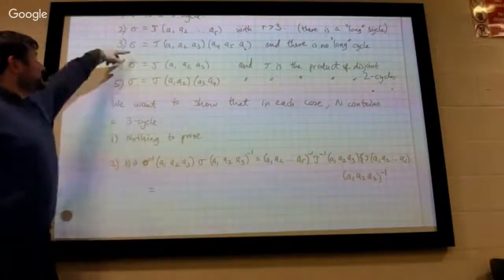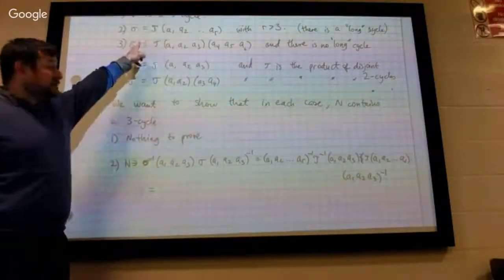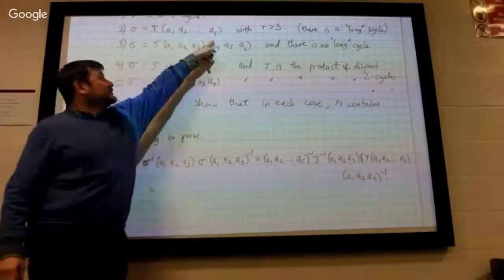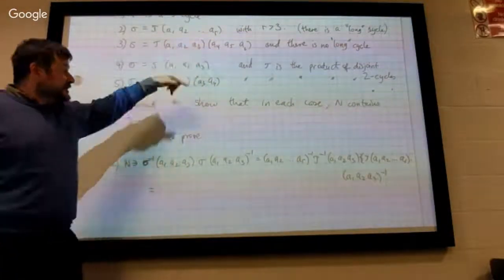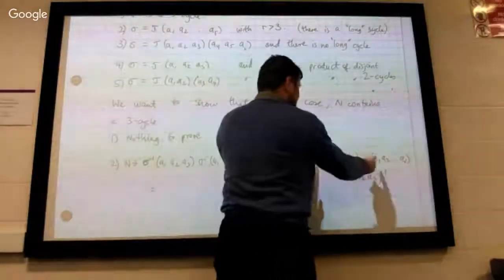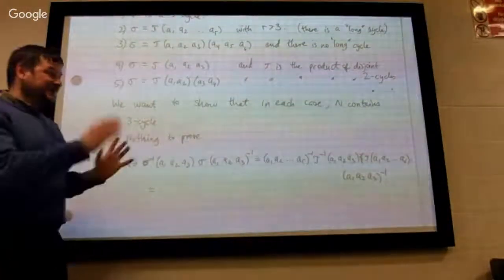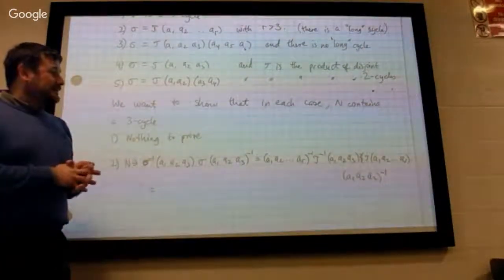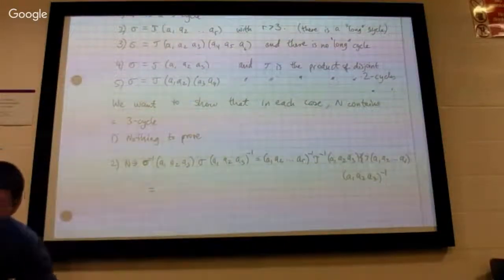Okay, this is a product of disjoint cycles. So tau does not contain any of these elements, A1 to AR, so it commutes with everything else. So these two taus can move together and vanish. But the rest is not so simple.